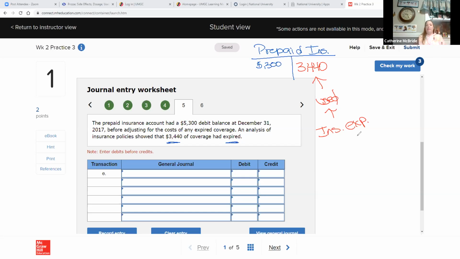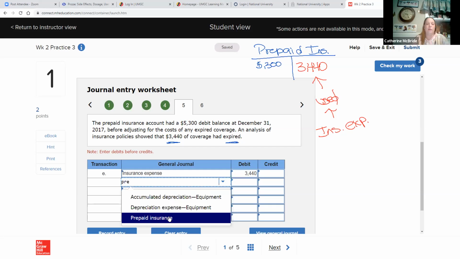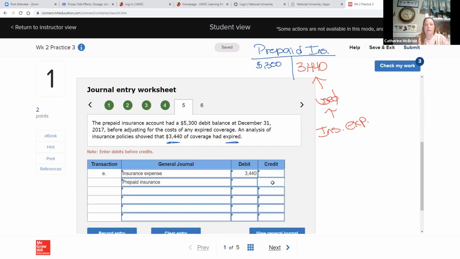See how the last time they said, this is what the balance is, the unexpired amount. This time they said, this is the expired amount. Expired is your expense. It means it's been used up. So we're going to record insurance expense for 3,440, and we're going to reduce our prepaid insurance, our asset, 3,440.